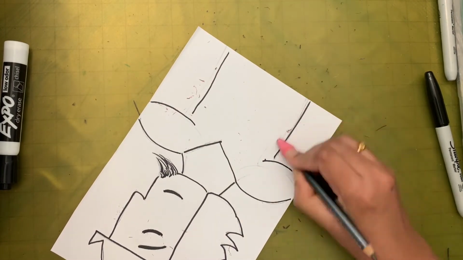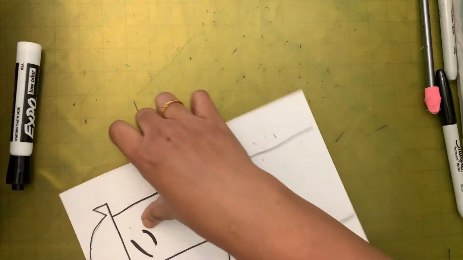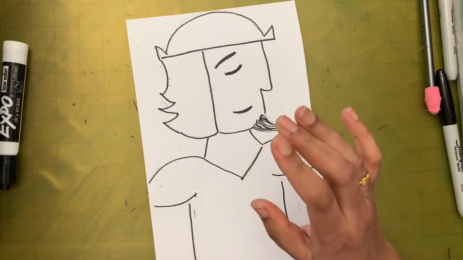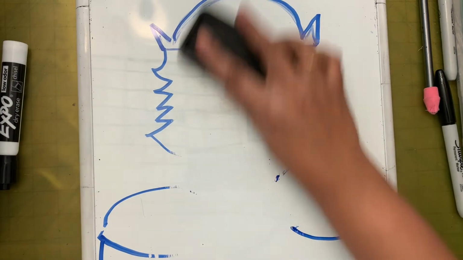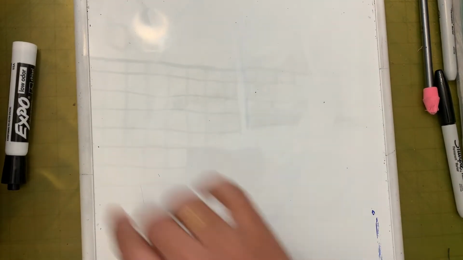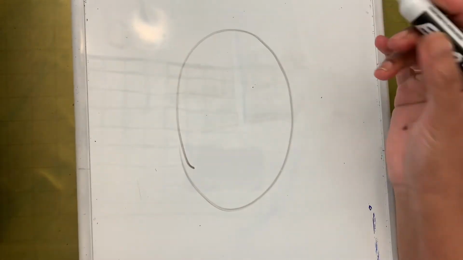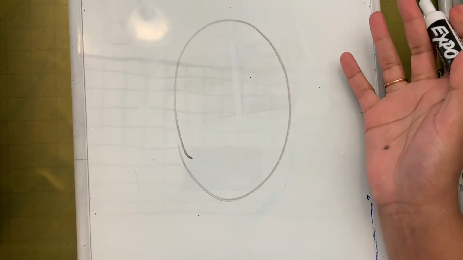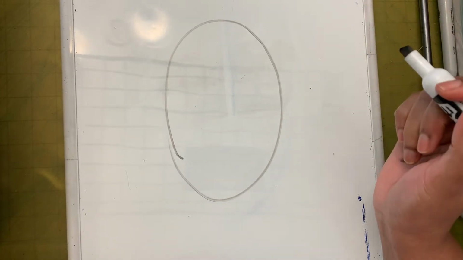What you need to keep in mind when you are drawing a person is something I didn't mention in the beginning. We were talking about Don Quixote, right? When you're drawing a face or a person, usually start with either a circle or an oval shape for the head.